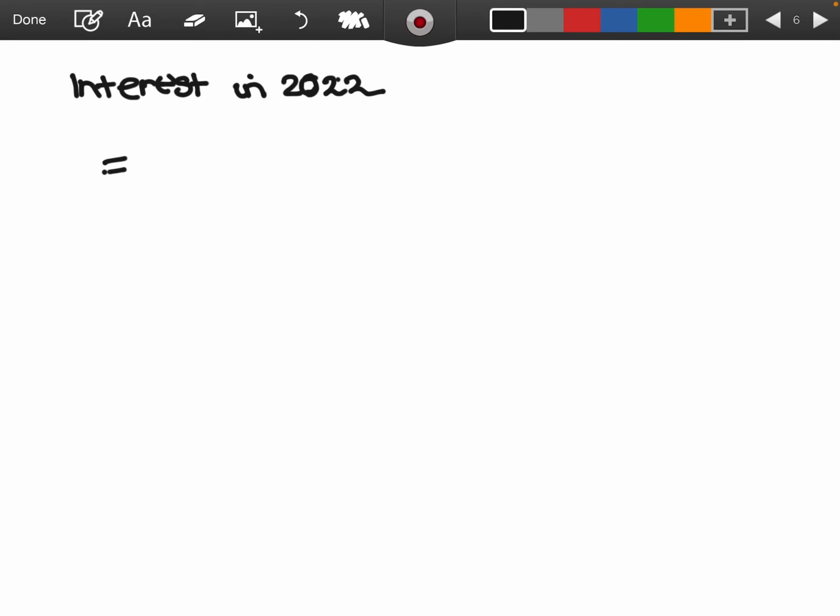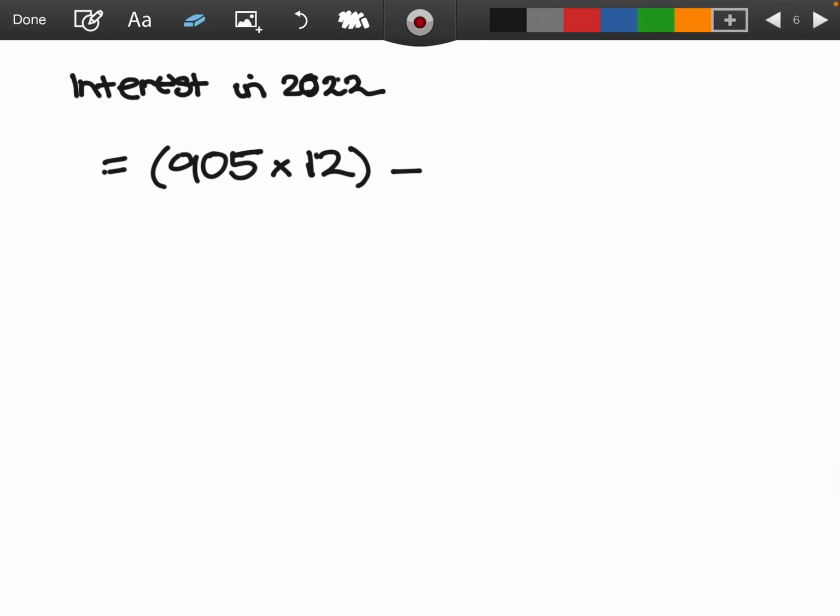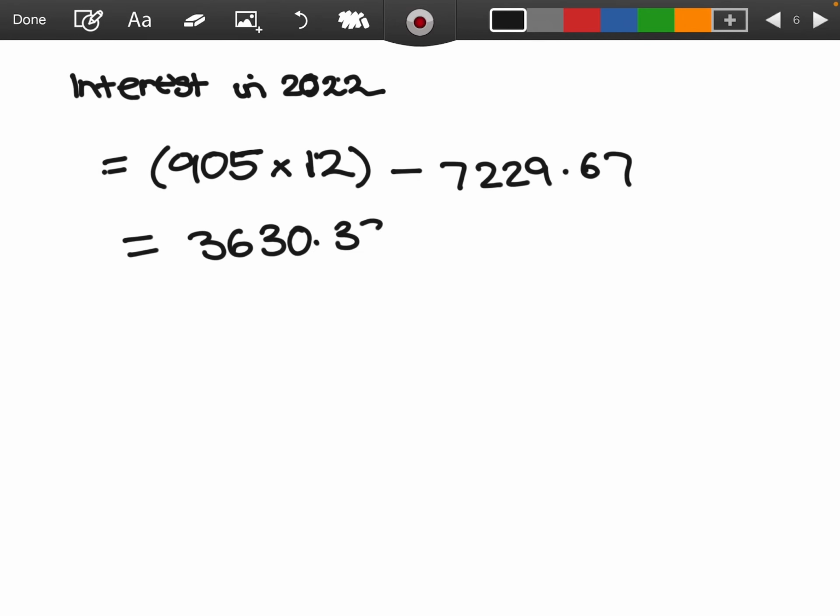So we said that during 2022, we paid $905 a month for 12 months of the year. So that's how much we actually paid minus the principal balance that was actually repaid, which was $7,229.67. Which turns out to be $3,630.33.